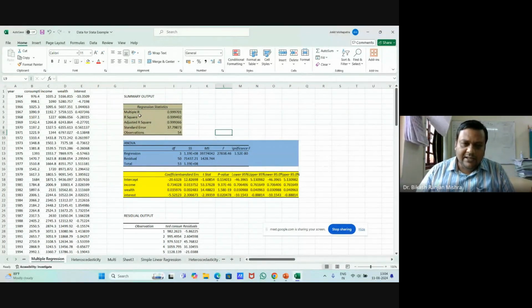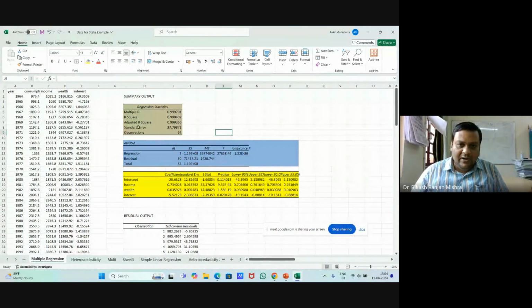Now we can see that your multiple R is coming to around 0.999701. The second point is R square, which is around 0.999402. The question asked a couple of minutes before was: sir, high R square is good for the analysis, so what is the problem?